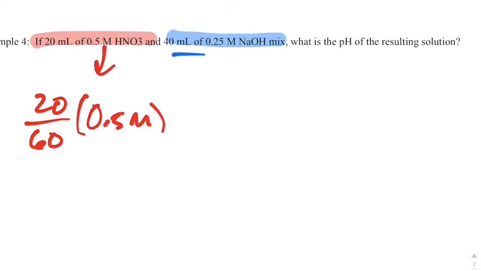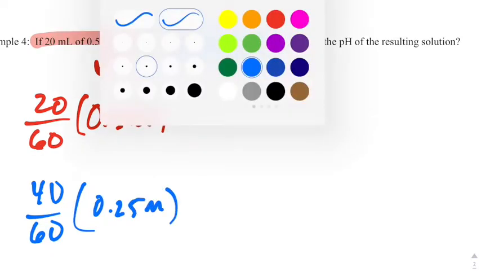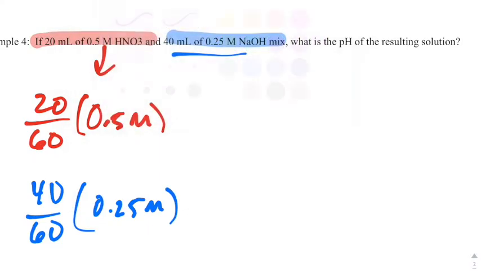And then my base here is going to be 40/60ths of its starting concentration, which is 0.25 molarity. So again, the 60 here comes from the fact that it's 40 and 20 together for our 60. And the 0.25 molarity for the base is from the fact that we have the 0.25 there.